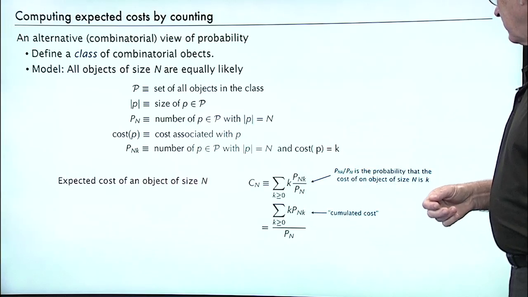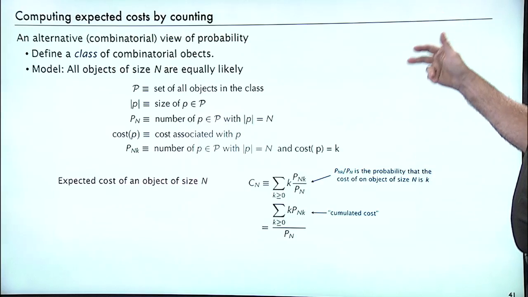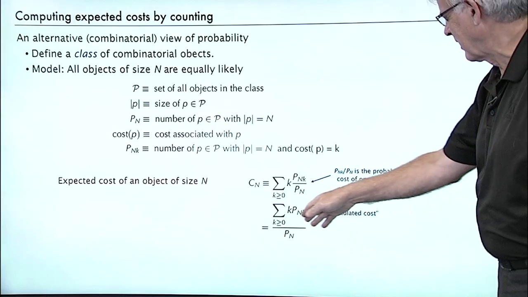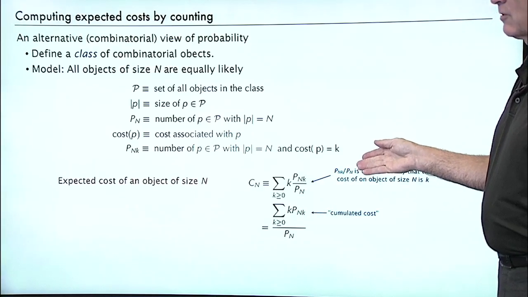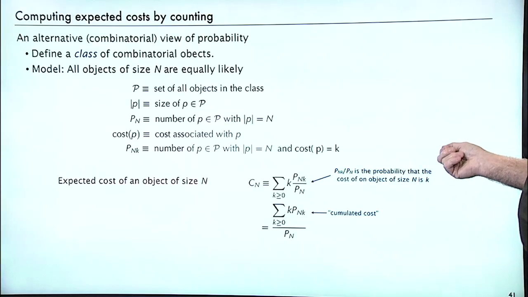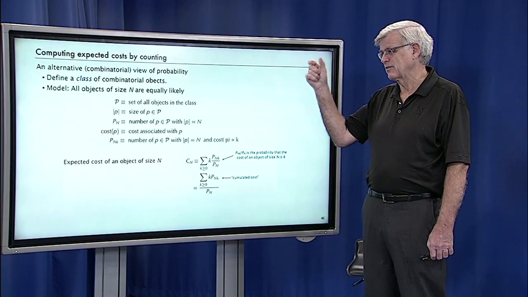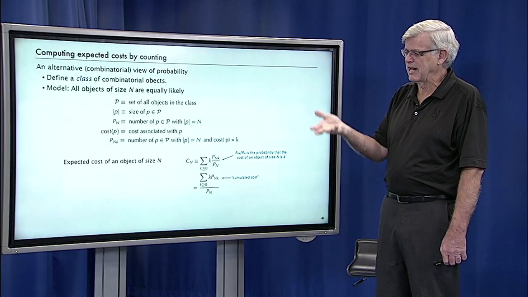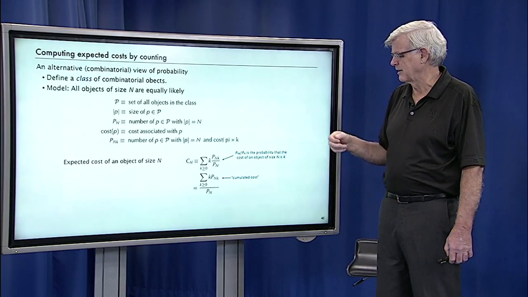But what this point of view buys for us is, let's notice that we can factor out the P sub n, and we can just count up the total cost of all objects of size n. That's called the cumulated cost. So every object has a cost associated with it, and then we take all the objects of size n, add up all their costs, and divide that by the number of objects of size n.